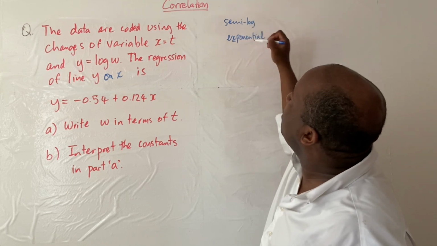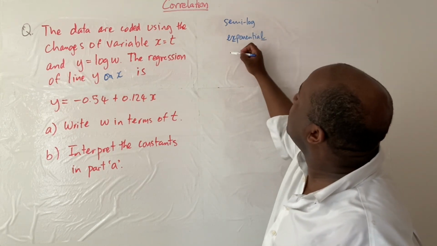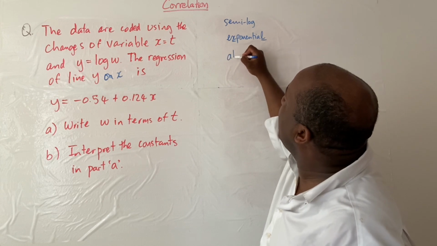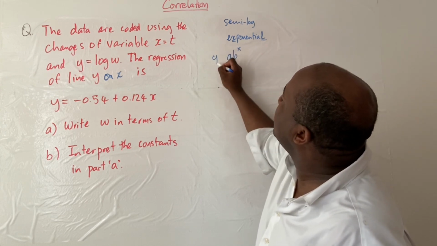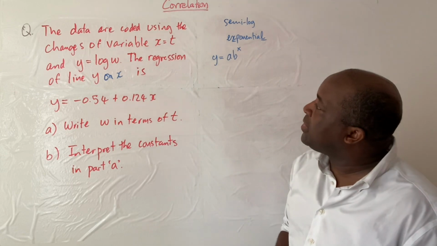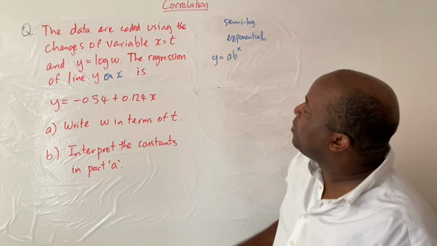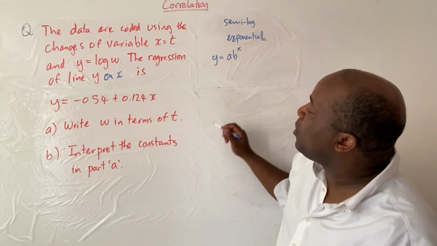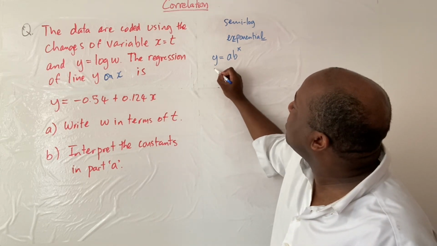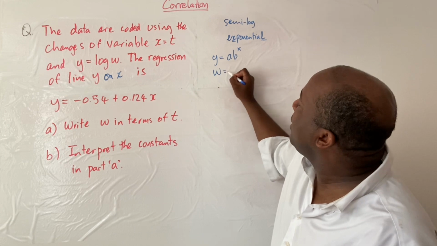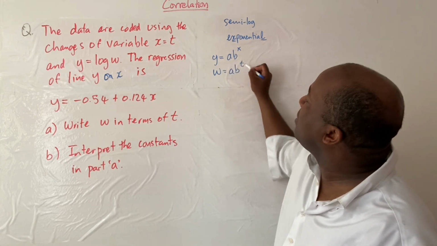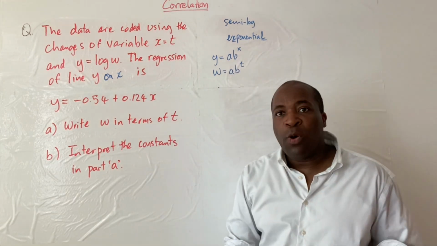And the x here, so we know that we're going to have a b to the x, our standard approach, y equal ab to the x. Now they have swapped around x with t, so we're going to expect something of the form w equal ab to the t. So that's what we're looking for.